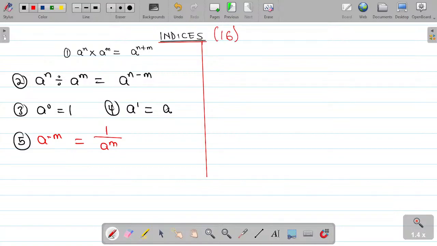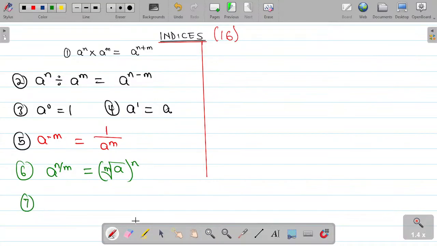Number 6, we have what we call fractional index. If I have a to the power of n over m, this is equal to the mth root of a, all raised to the power of n. So the numerator remains as power, while the denominator becomes a root.